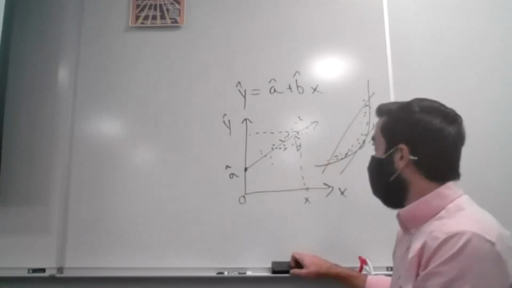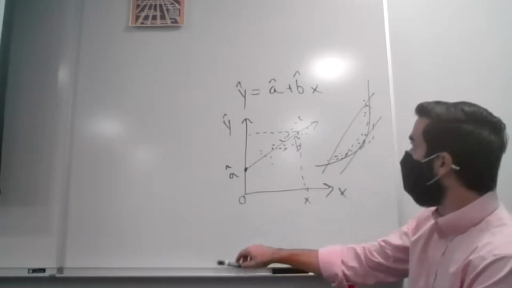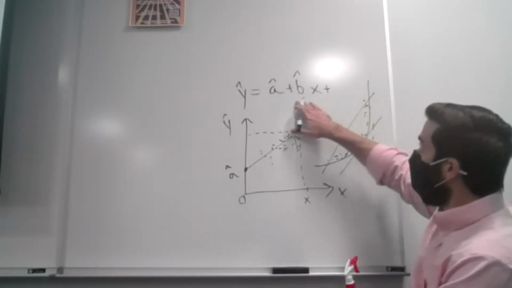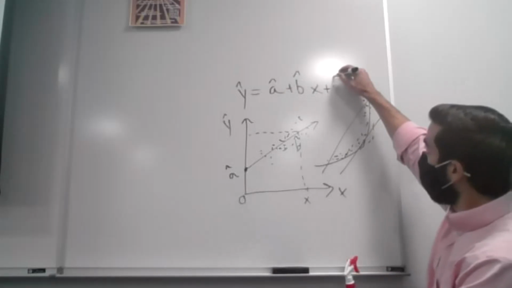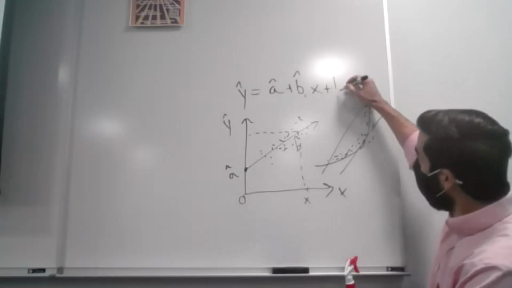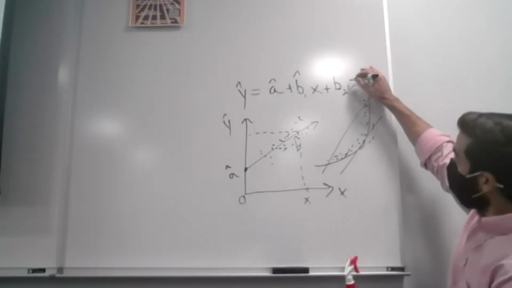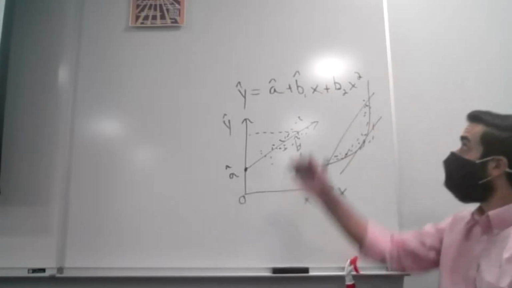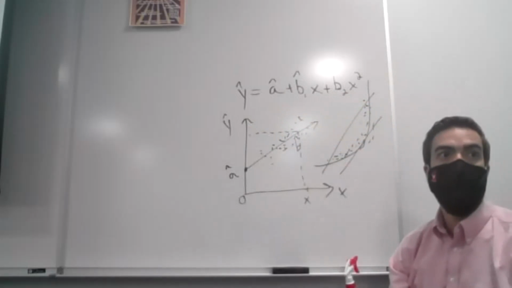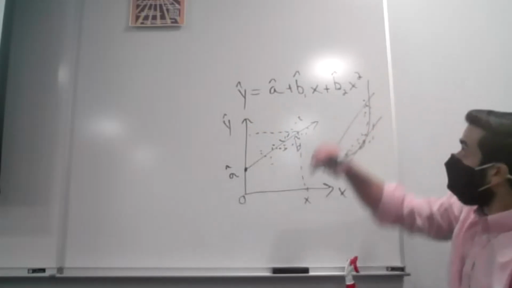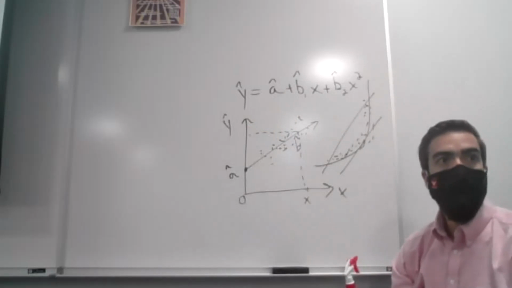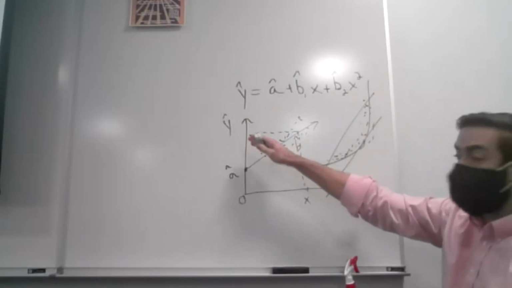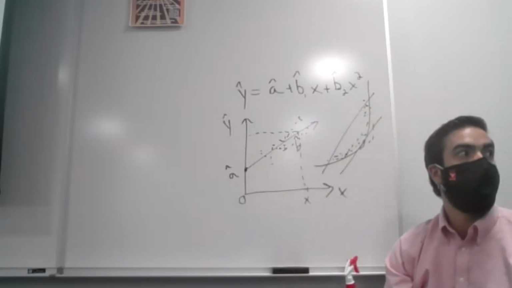If we think a little bit about mathematics, if I want to have any kind of curve, what I'm really saying is, yes, the value of X matters, but also, we'll call this B1, B2, we can add in a squared term to get a little bit of curve in that relationship between X and Y. We'll then get a coefficient estimate on that squared term, and that now would allow us to know what the intercept is, but plot out that relationship between X and Y if it was nonlinear.